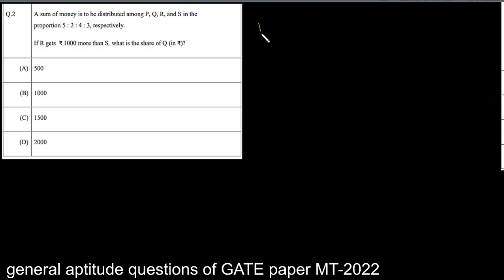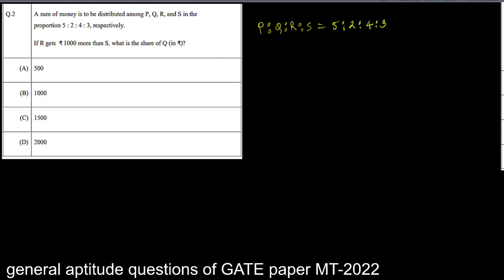So we can say P:Q:R:S. Here we are taking the ratio of the amount of money that each person will get, and this ratio is 5:2:4:3.